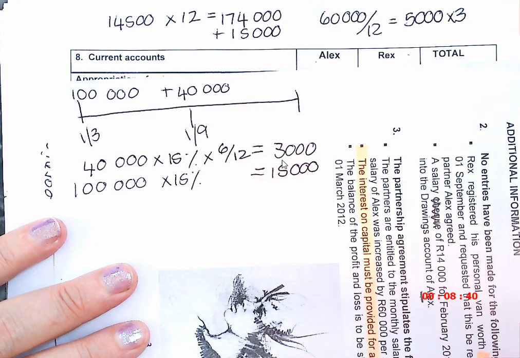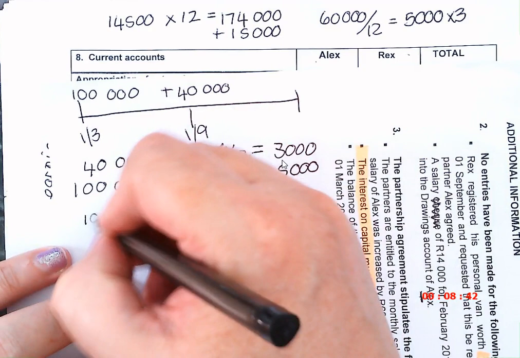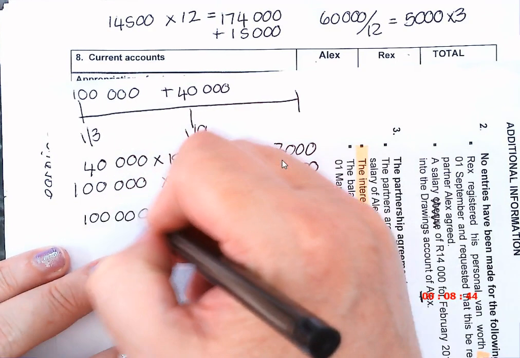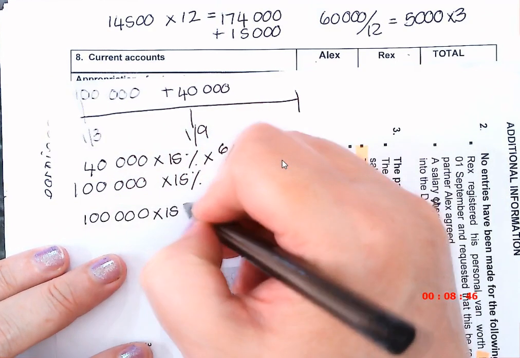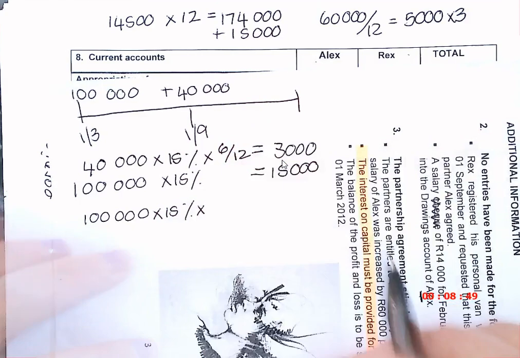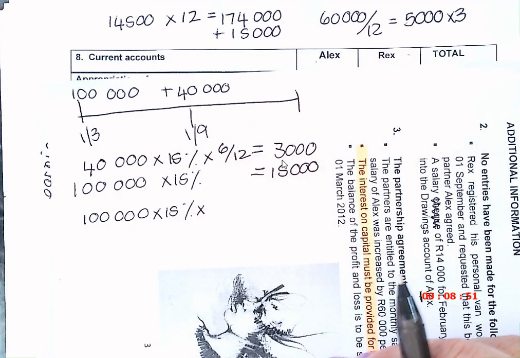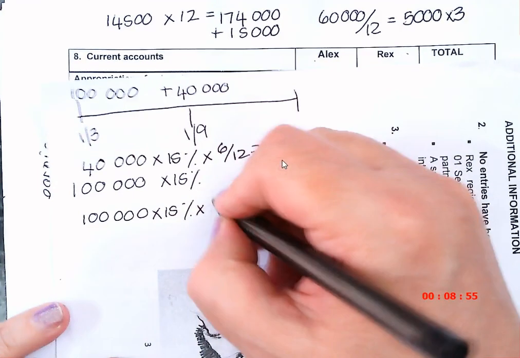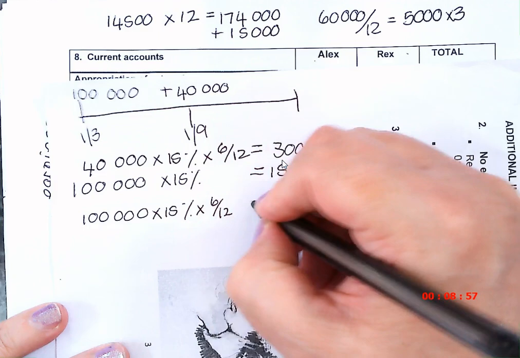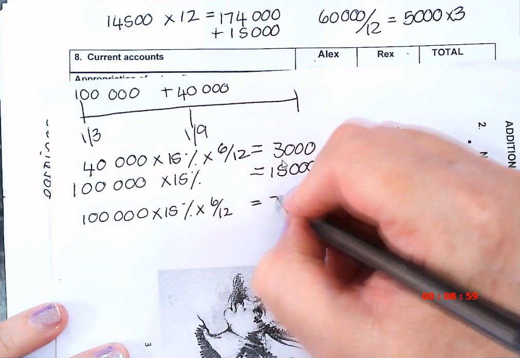The other method I can use is I can say, oh, I had 100,000 up until September, which is 6 months. March, April, May, June, July, August. Don't count September, 6 months. So this gives me 7,500.